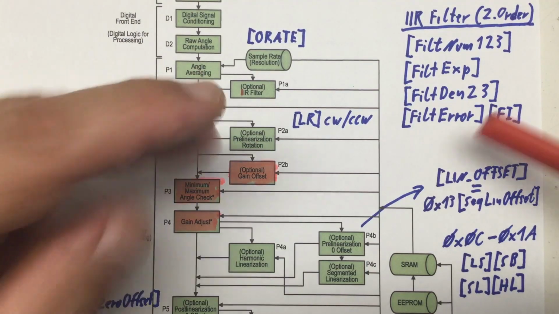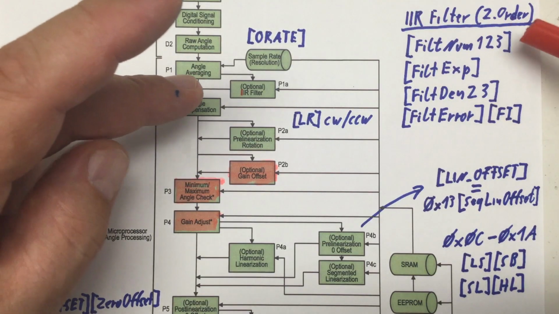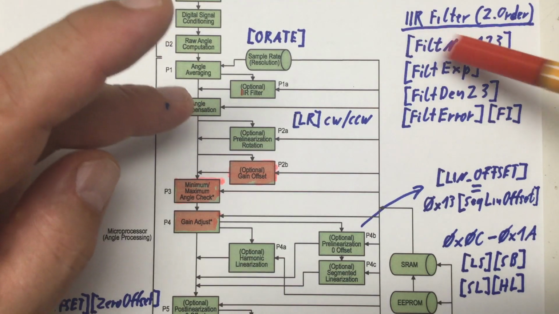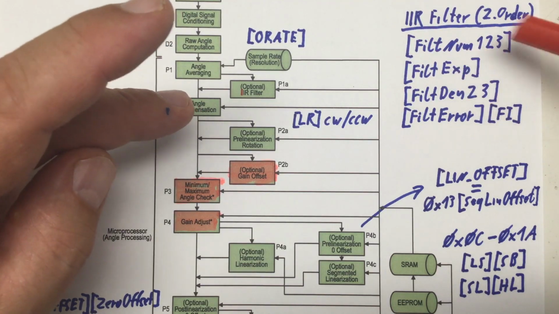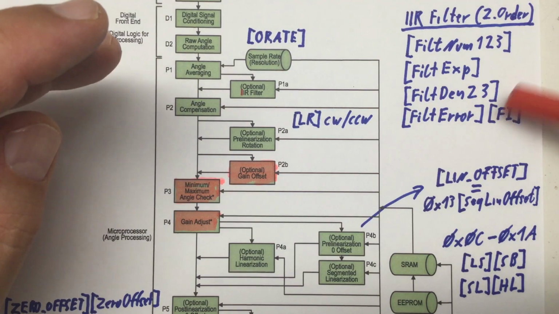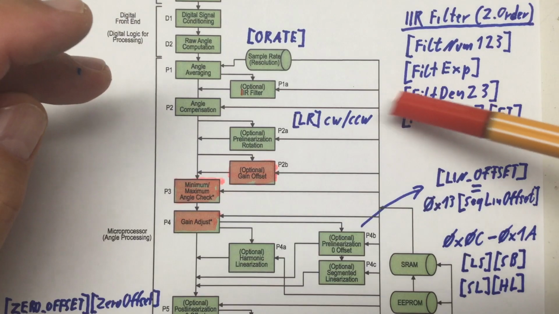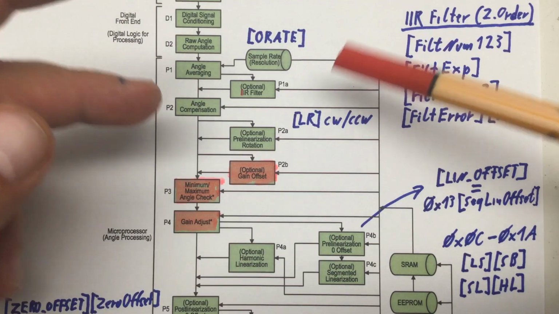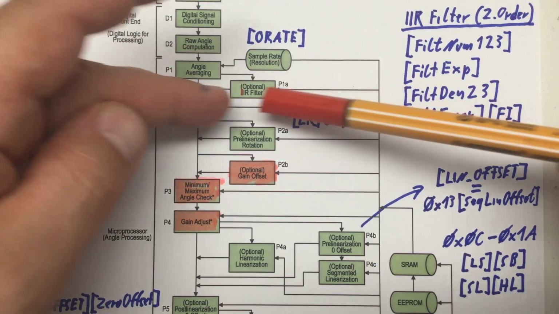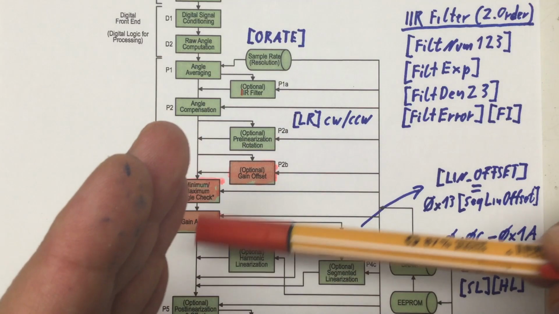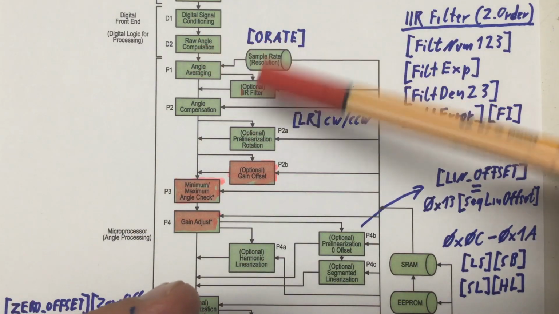That's programmable via 3 numerator registers and 2 denominator registers. You can set a fixed exponent for all numerators. And also you have here a flag for switching that on and off, and a fill error parameter that you can basically use to reset the filter if the output of the filter gets too far apart from the real input.